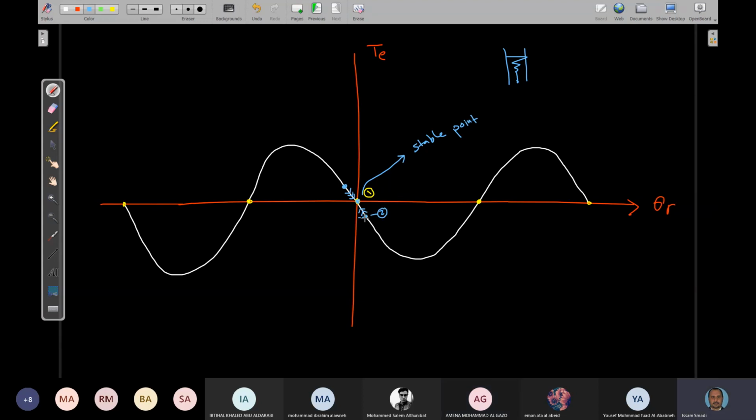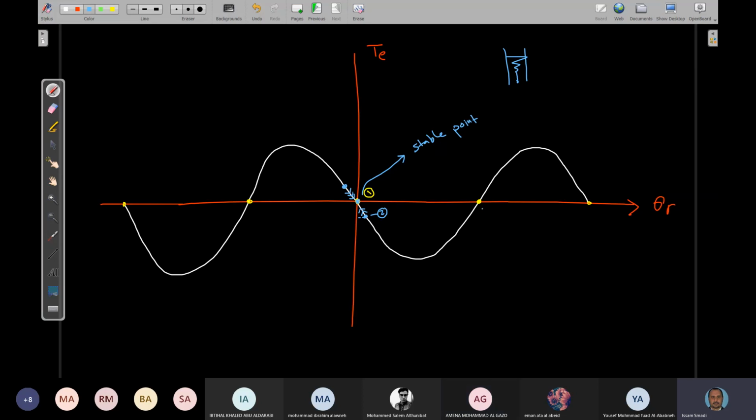If the torque is generating, I am in the transient until I'm reaching the steady state. So this is what we call the equilibrium point or the steady state point, a point where the system is settled down, or the derivative d/dt goes to 0. So this is a stable point.